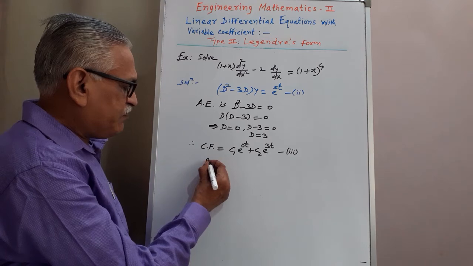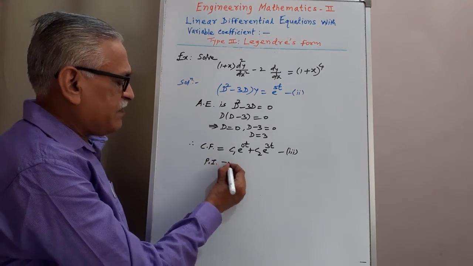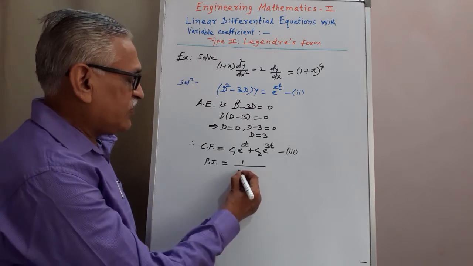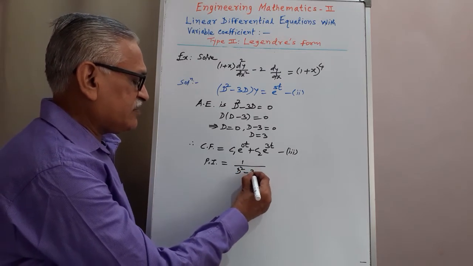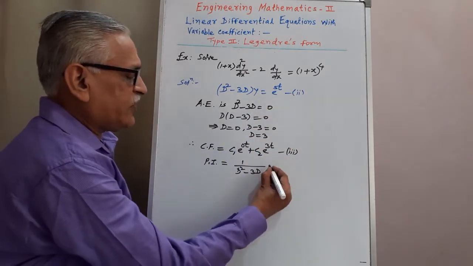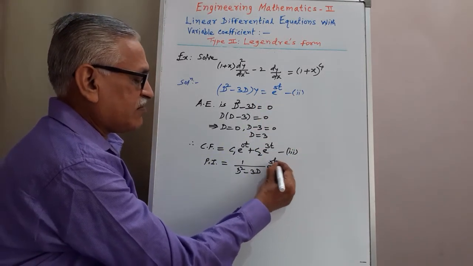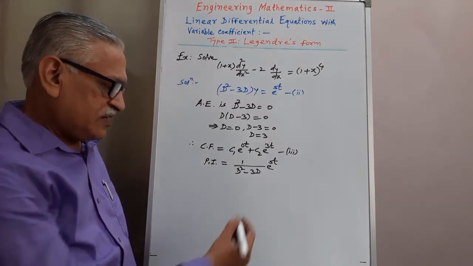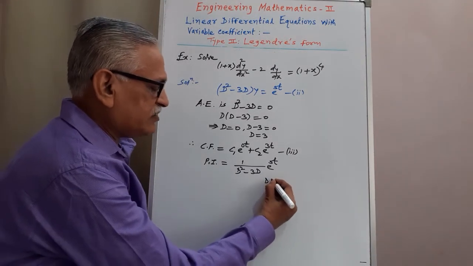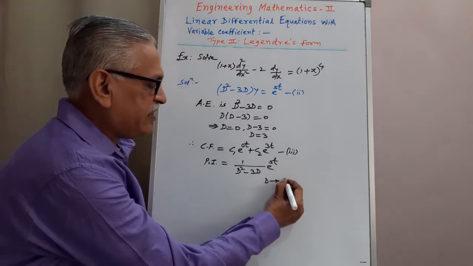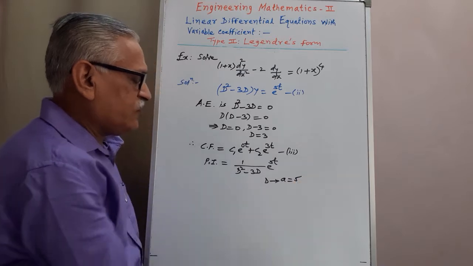Next, the particular integral, PI part, is obtained by the inverse operator technique, 1/(D² − 3D) operating on e^(5t). It is of the e^(at) type of term, and therefore applying the rule, we replace D by a, and the value of a here is 5.